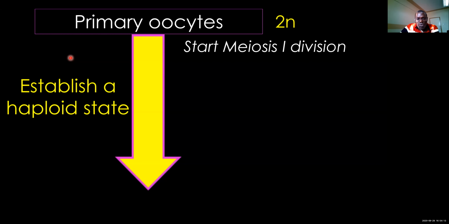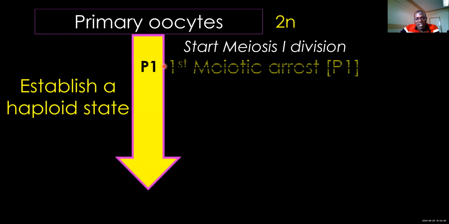So they go through prophase 1. The intention is to then move to metaphase 1, anaphase 1, then telophase 1. But that does not happen. When the primary oocytes are within prophase 1, they become arrested there.